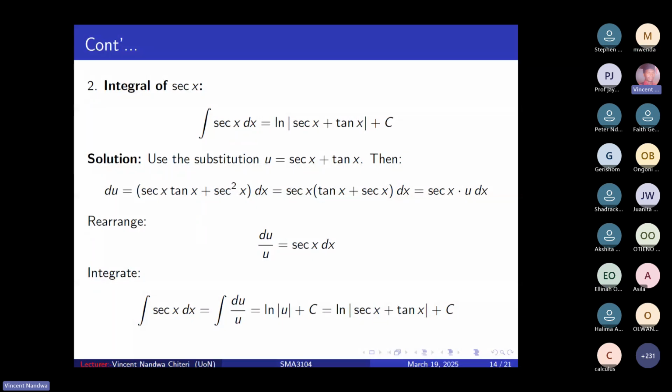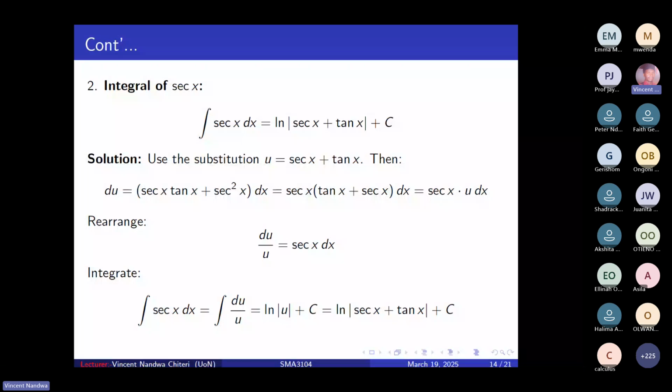When you multiply the numerator, what will be your new numerator?